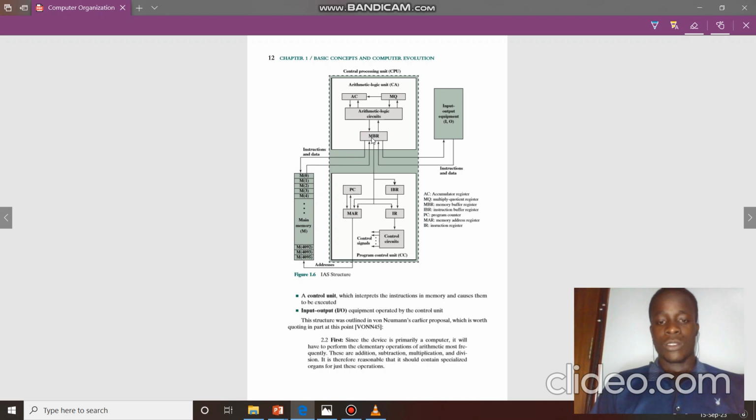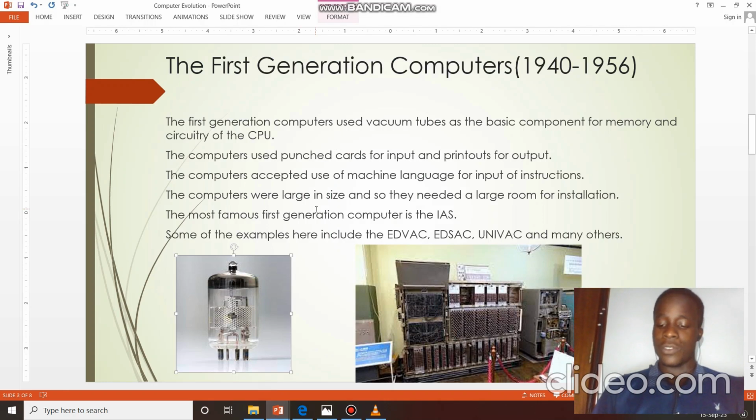Also, the MBR, the memory buffer register, employs other registers, which are the instruction register, the program counter, and the memory address register, to help it get the instructions from memory needed for processing information. That's it for the first generation of computers.